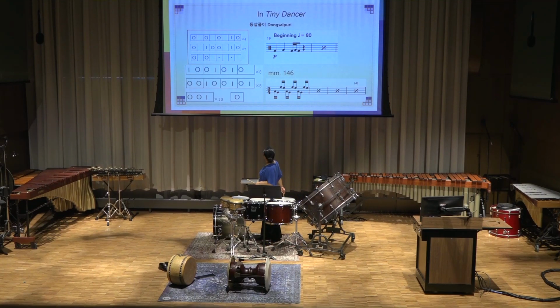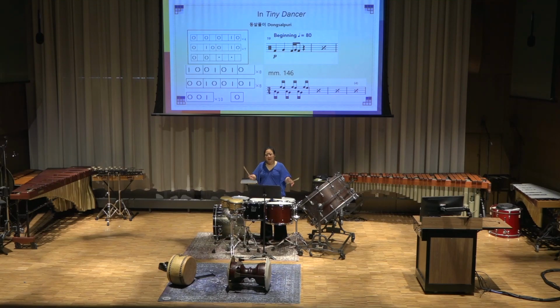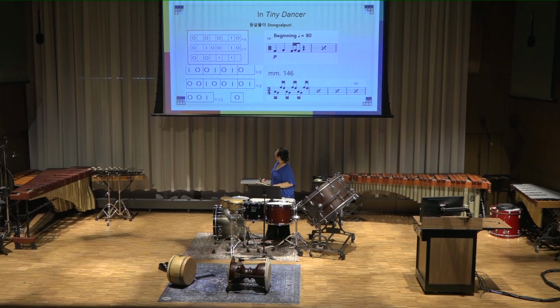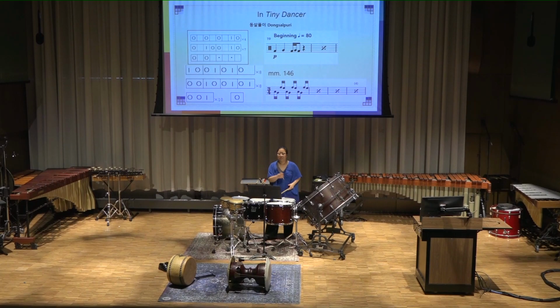And then towards the end, measure 146 is inspired by the faster bridge that goes to the fastest beat pattern. And it sounds like this. And this is one of those sections in Tiny Dancer that kind of creates that chaotic sound.